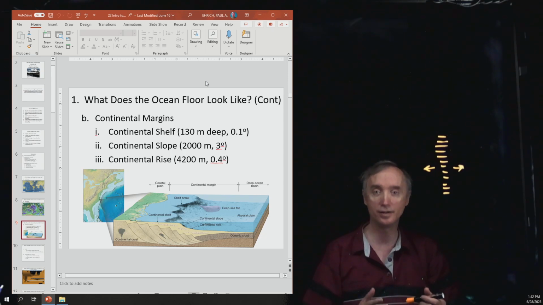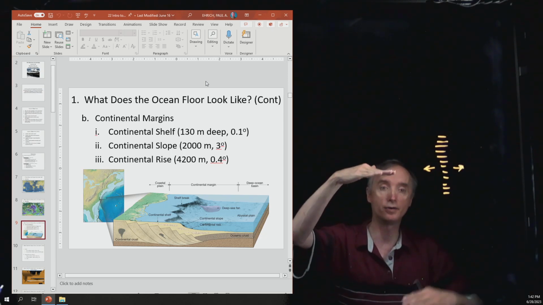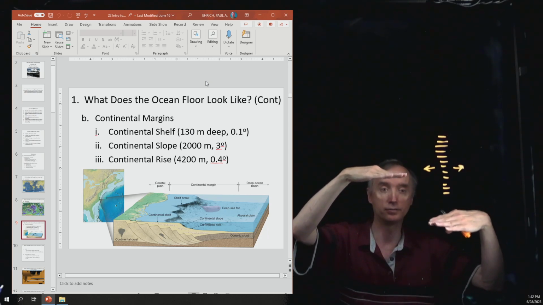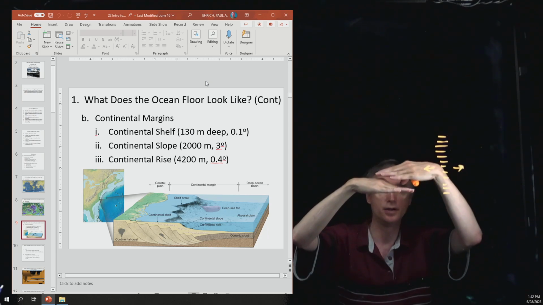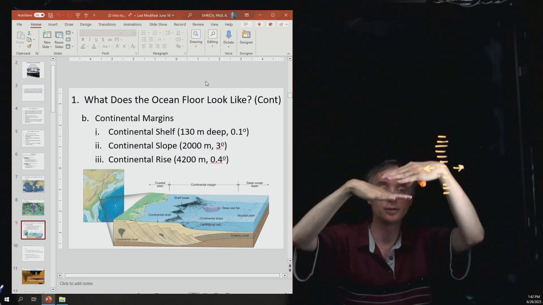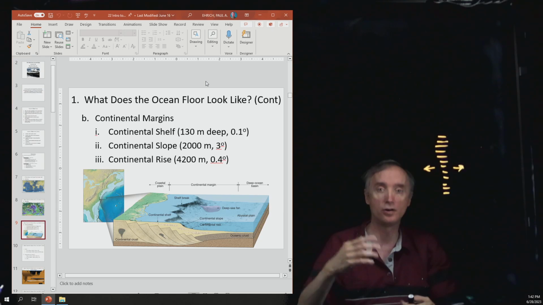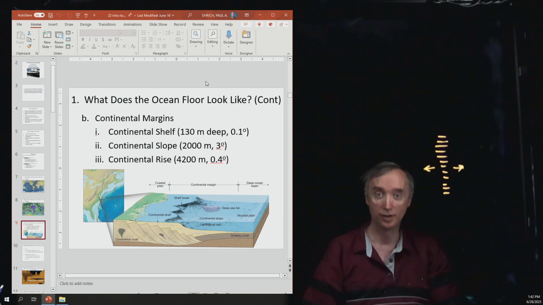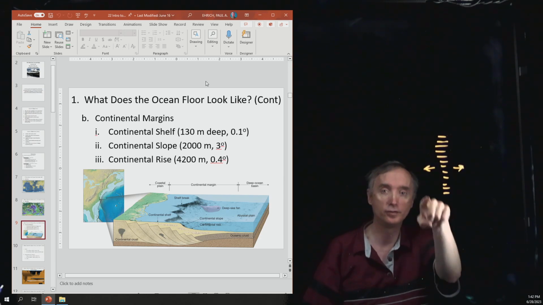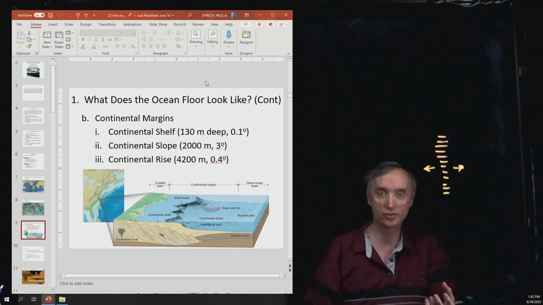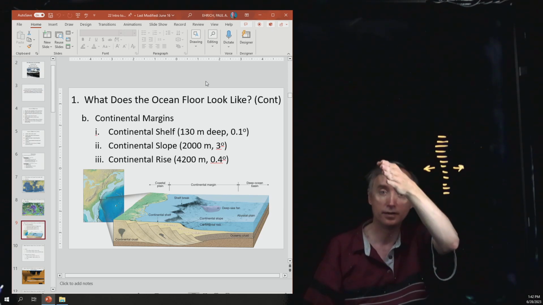So that you had Continental Lithosphere, which is topographically higher than the ocean floor over here. And so if the water is on top of the continental plate, then we're going to call that the Continental Shelf.